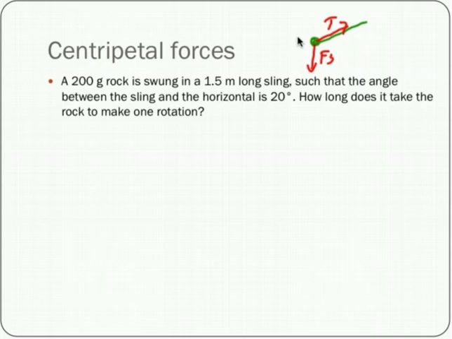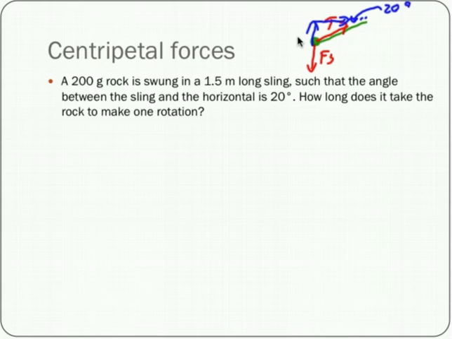The reason it's going to stay level as we rotate about our head is because this tension force has components. It has a y component this way and an x component this way. The y component of the tension has to be equal to the gravitational force. It says the angle between the sling and the horizontal is 20 degrees, so this angle in here is 20 degrees.